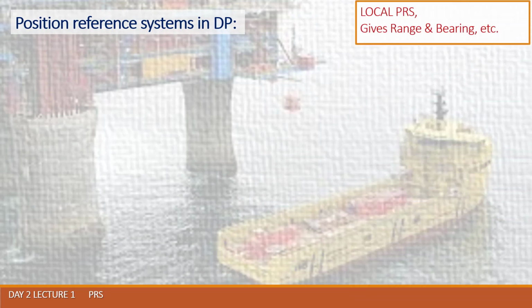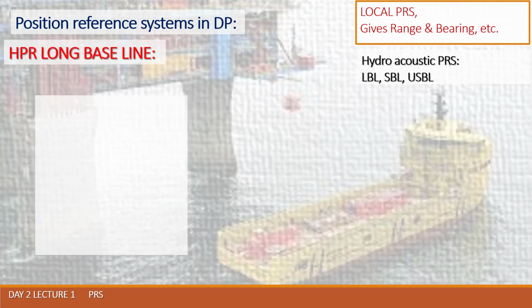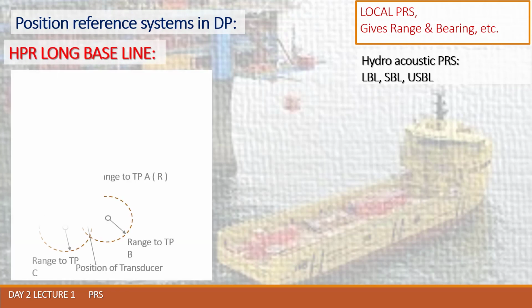And guys, please remember the next key statements which are needed when you are going to pass an assessment and any interview. In a long baseline arrangement, the system measures the range to transponders at known points on the seafloor. The system measures only ranges, not angles. This is very important to understand.